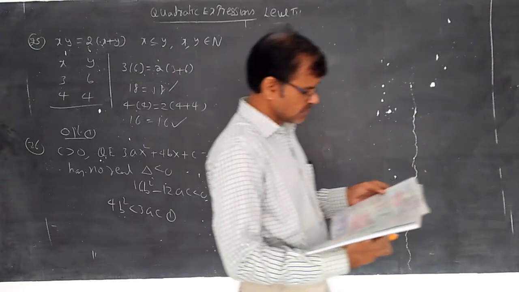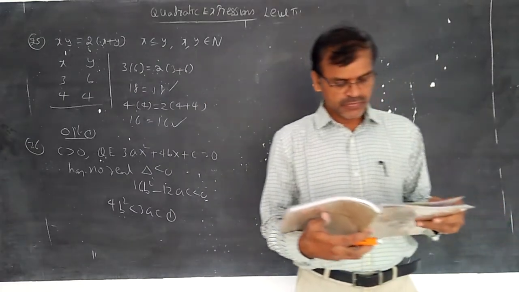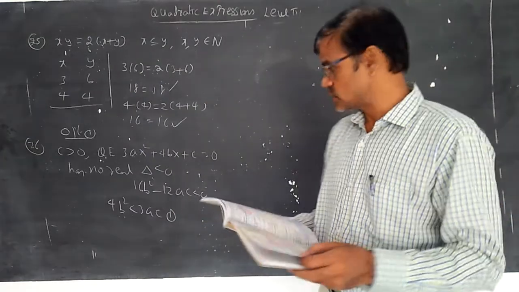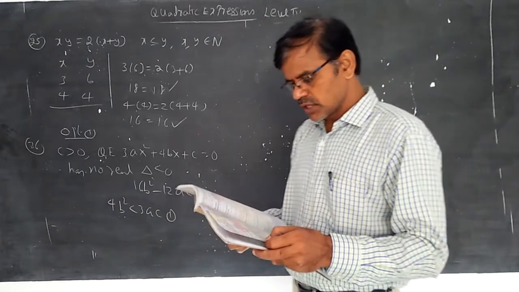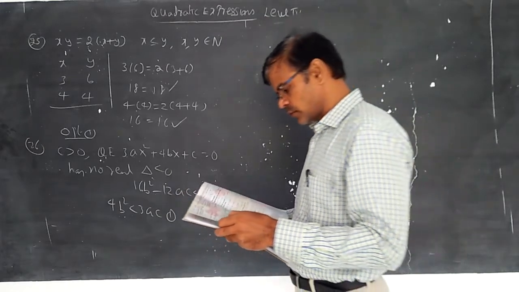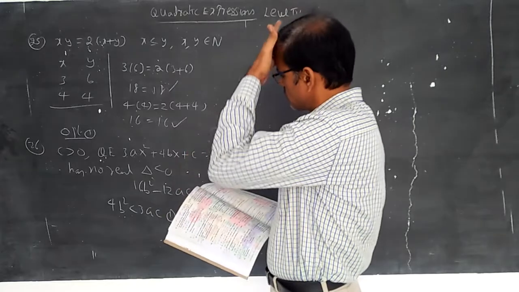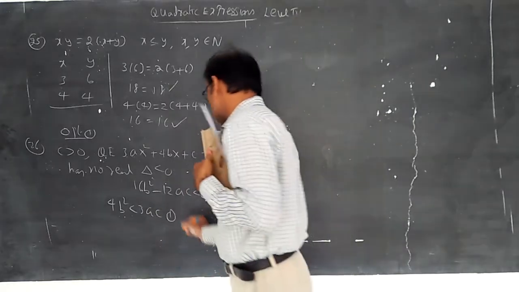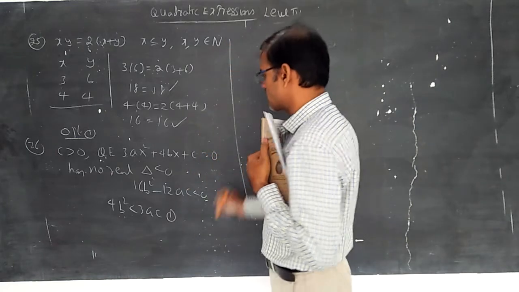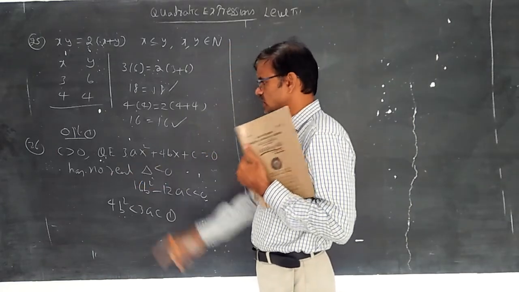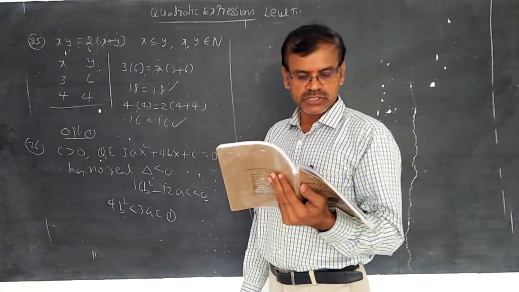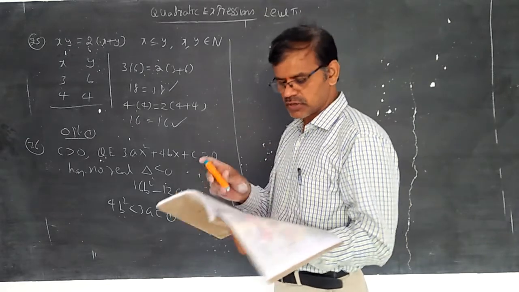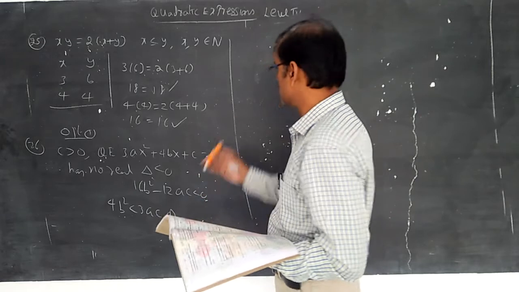Now, if c greater than 0 is given, then the equation has no real root. That means whenever delta is less than 0, the quadratic expression here, 3a, should be positive. We cannot give a constant here. A should be positive.